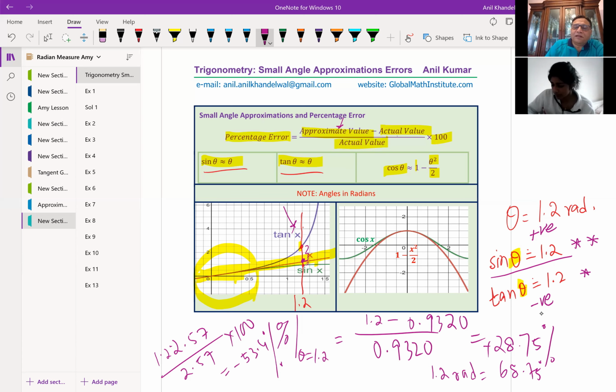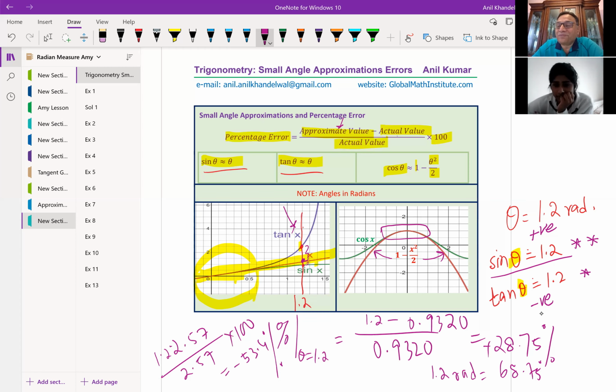Okay. Now, let us also look into the cosine function, right? So I have graphed this. The parabola is the approximation 1 minus x square over 2, where x is the angle. And the green graph is actually for the cosine function. You can see that the green graph and the red graph match over a much longer range of theta. You see that?